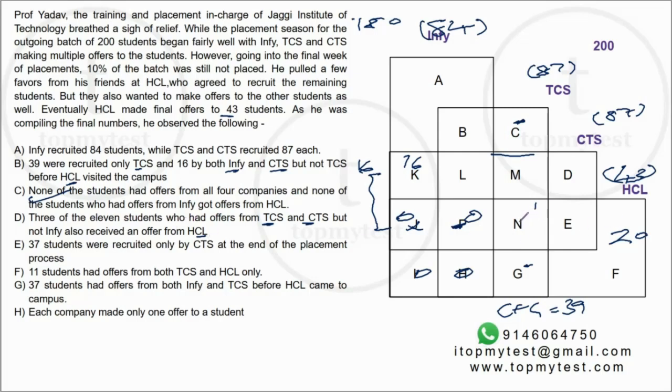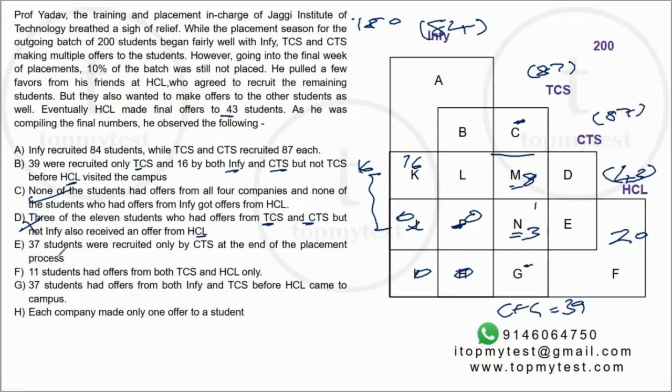So N will be 3. M and N combined is before HCL came in, because they have TCS, CTS, but not Infi. Once HCL came in, some of them got jobs from HCL also. So those are 3 people, and M and N combined is 11. So M should be 8, right? This is also done.